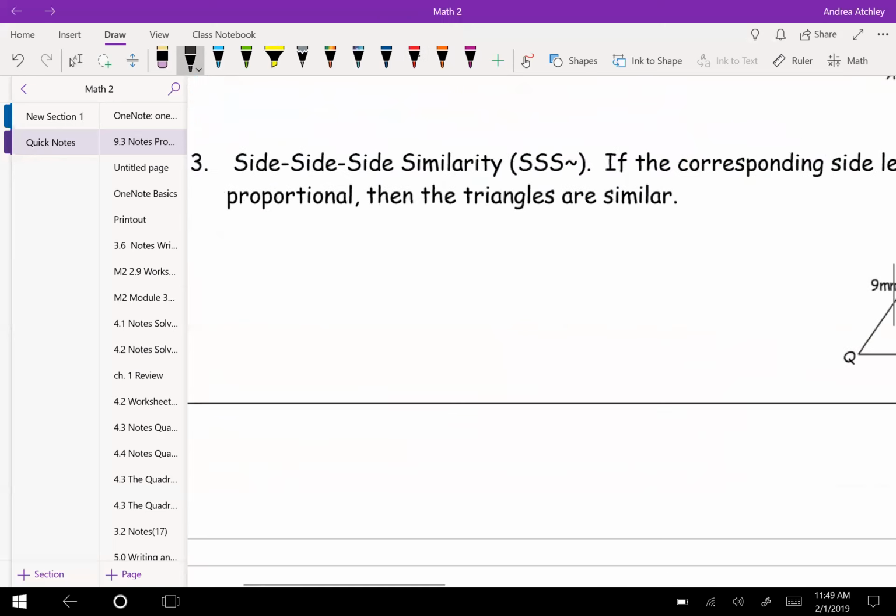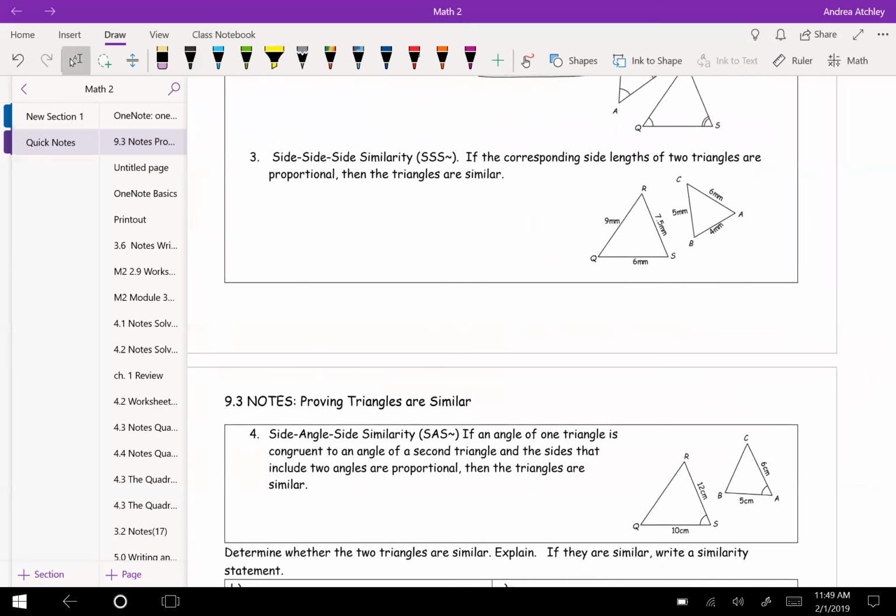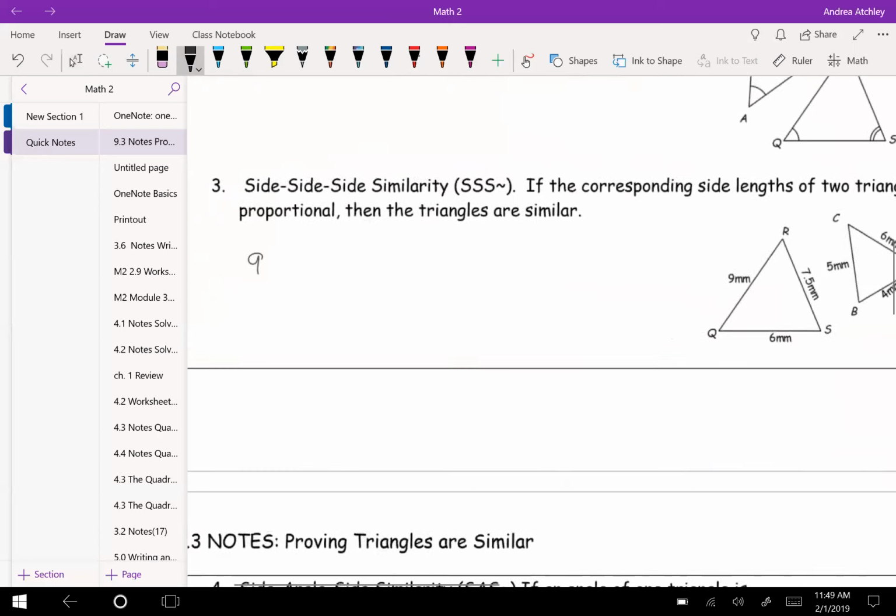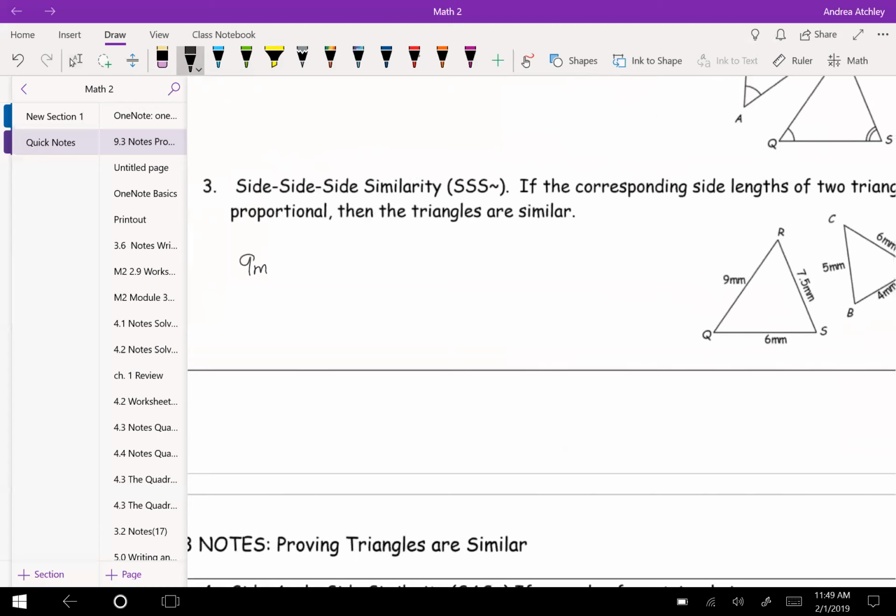We could also do this through side, side, side. Okay, if you have all three sides and you can show that they are proportional, then you can say the triangles are similar. So here we're going to say 9. 9 is the biggest side.